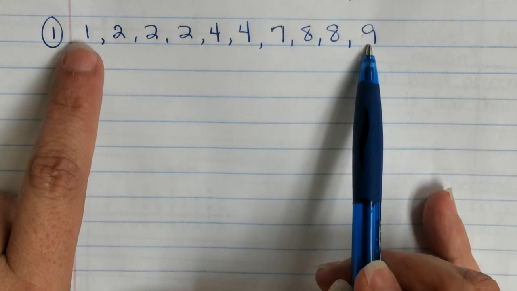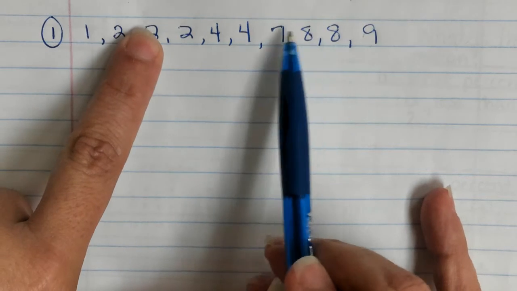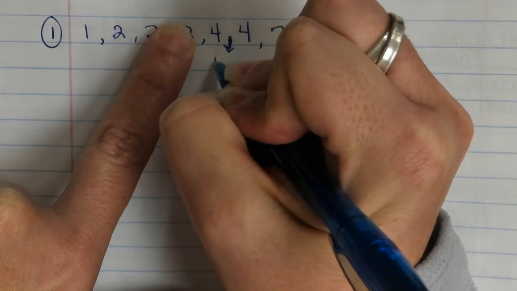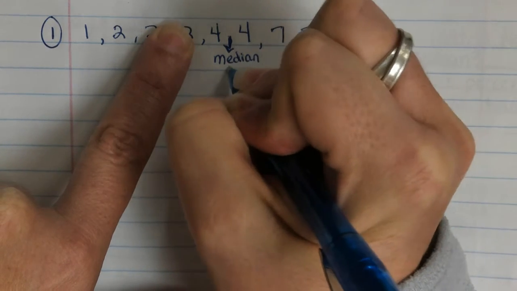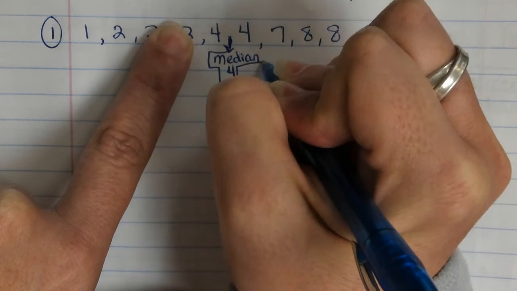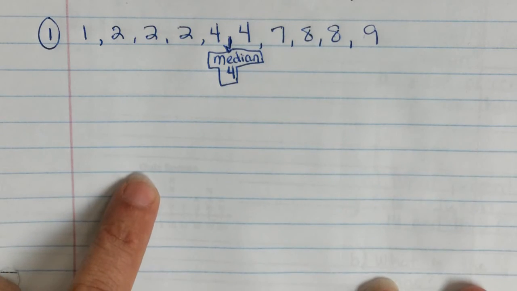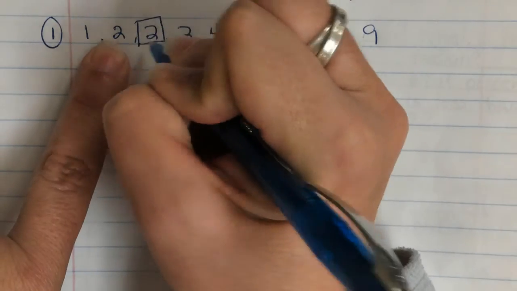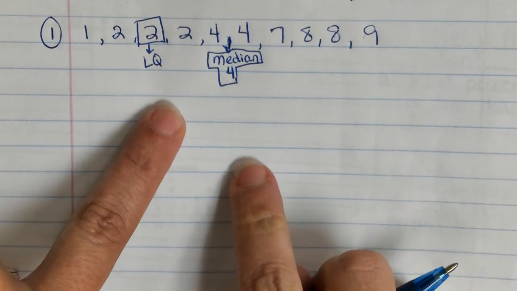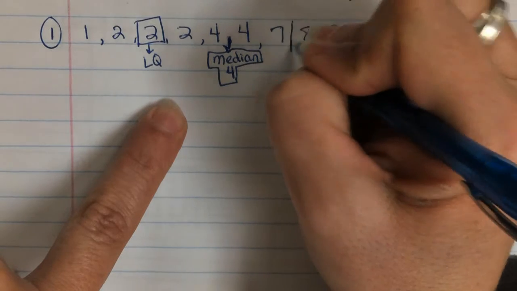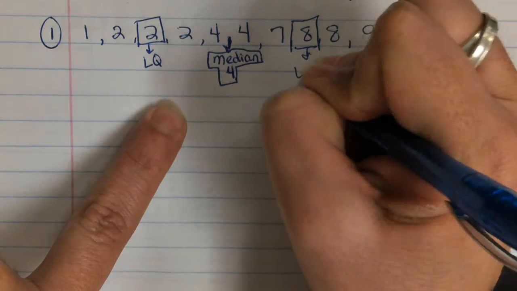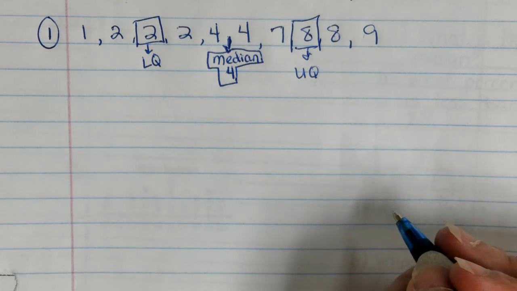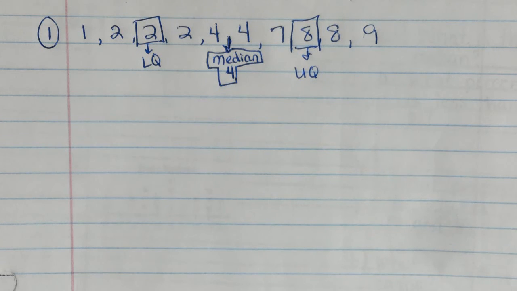So start out. Let's find the median, just like we did before. My median is created from 2 4s, which is 4. My LQ is this 2. And my UQ is the 8. Now, to make a box and whisker plot, you need a number line.